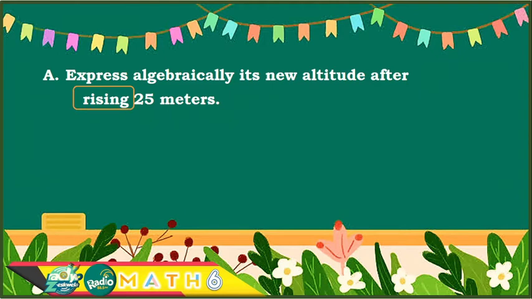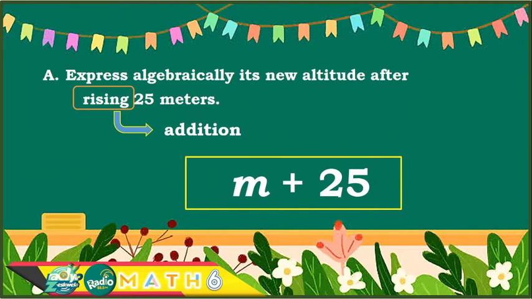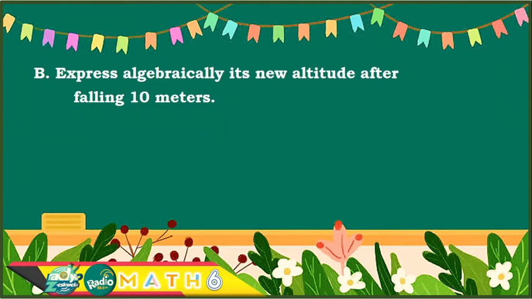The word rising is the same as increasing, which means we will use the operation addition. To express algebraically the new altitude of the kite after rising 25 meters, we have m plus 25. Excellent! Let's continue to the second task.